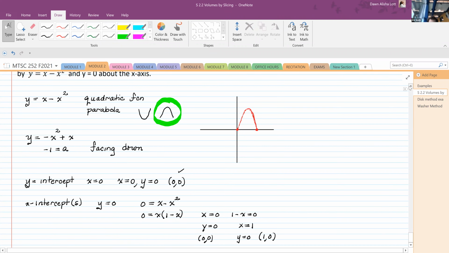Are you referring to the integral of y equals x minus x squared? Well, we're not just integrating y. We have to revolve this thing about the x-axis, and then that is going to give us an integral for volume.